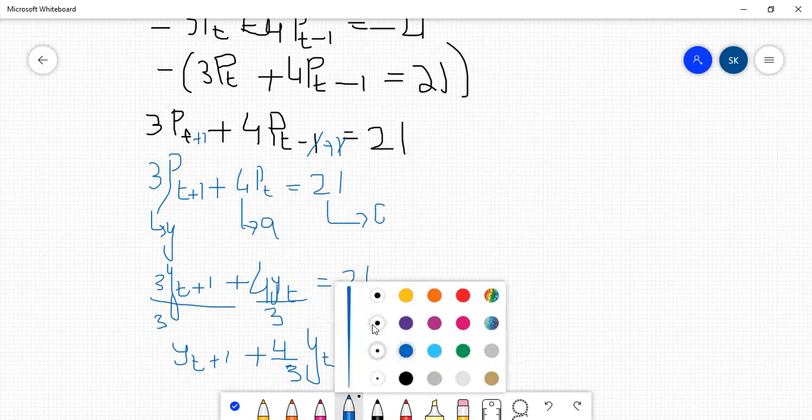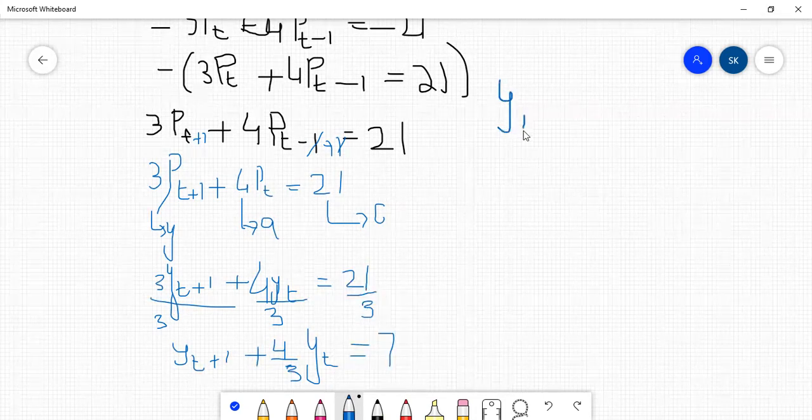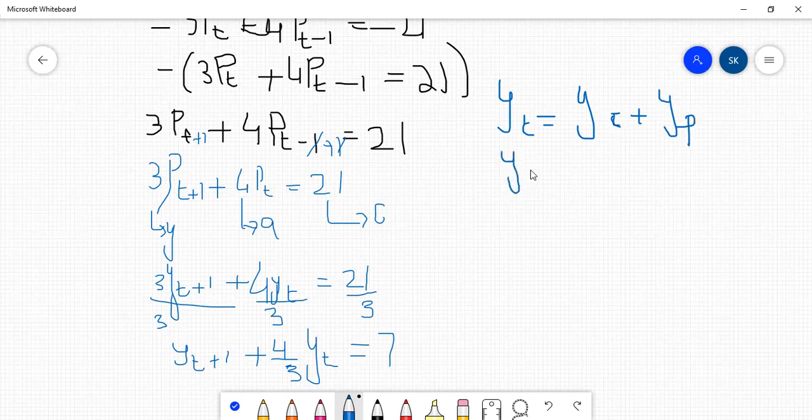What next we will do over here is that we will now solve it. We know that Yt is equal to Yc plus Yp. Clear? Yc is equal to A into minus A raised to power t.